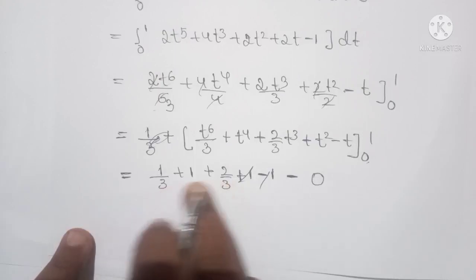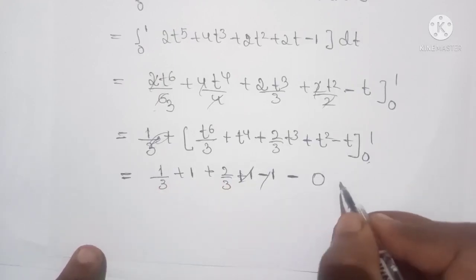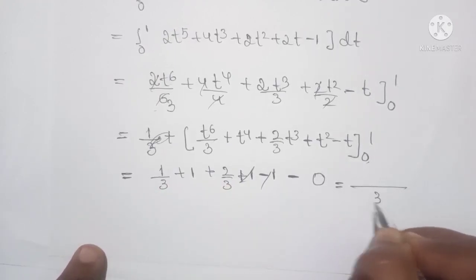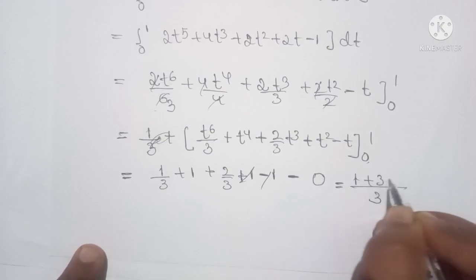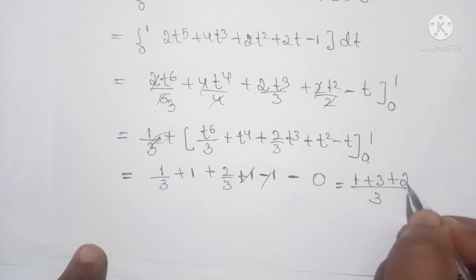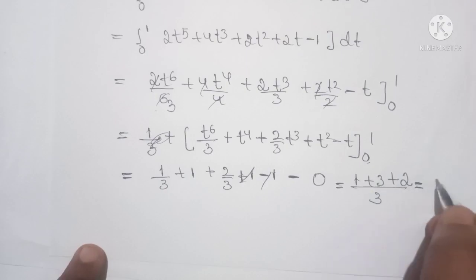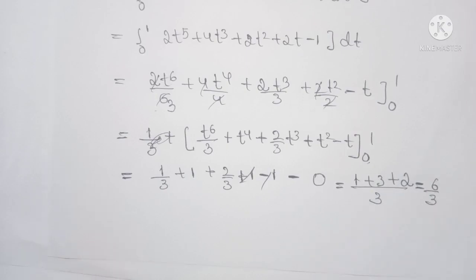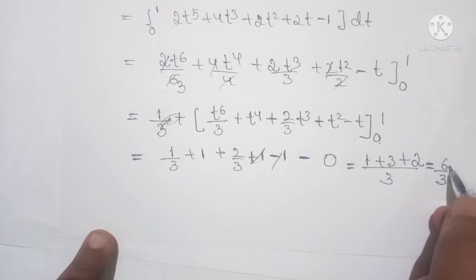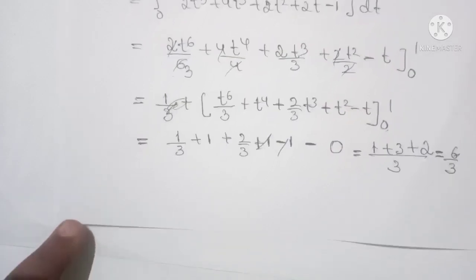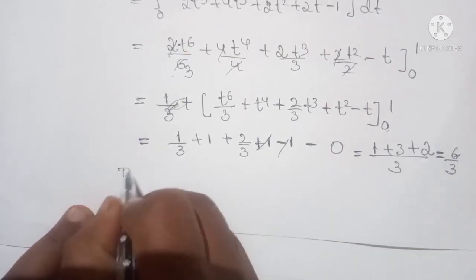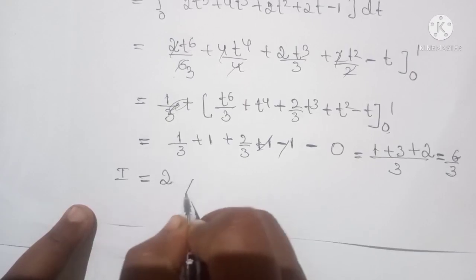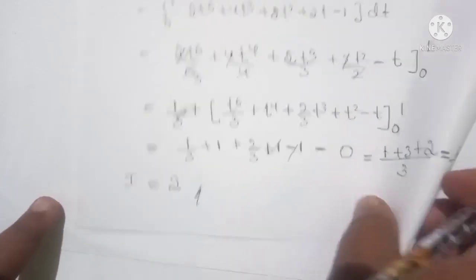So adding all this we can take 3 as the LCM, 1 plus 3 plus 2, which is equal to 6 by 3, or we can write it as, the answer is 2. Okay, so thus the given line integral value is 2.